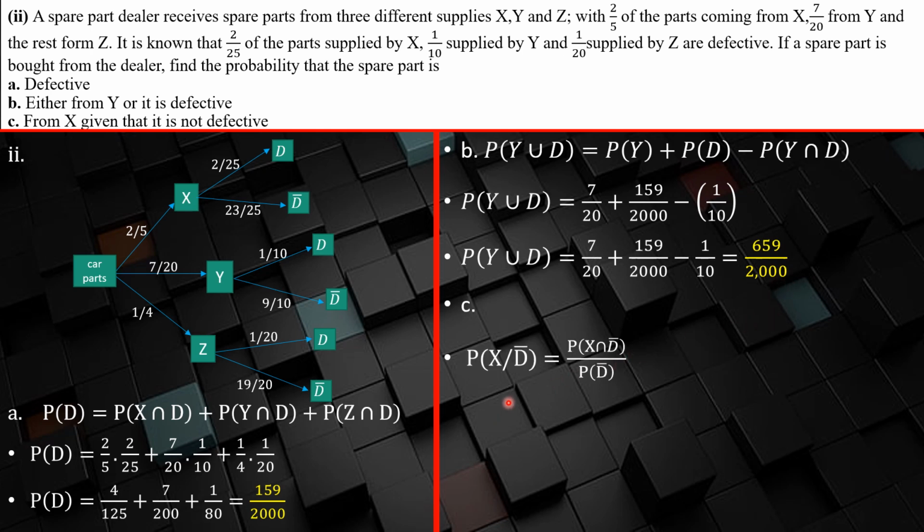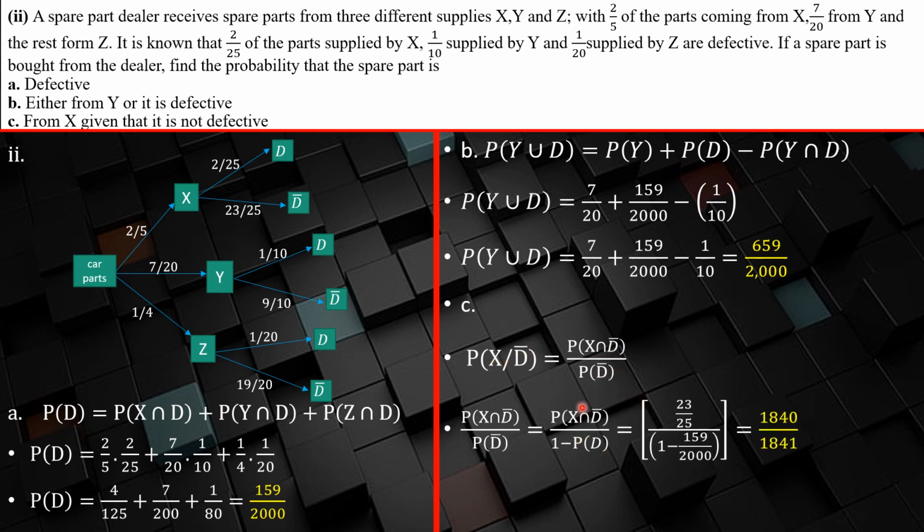We can go over and then talk about C, which says from X, given that it is not defective. All right, so probability of getting a car part from X, given that it's not defective. So we interpret that like that, all right, given that probabilities. So this probability of not being defective down here is easy because we found the probability of defective. So probability of not defective would simply be 1 minus probability of defective, right?